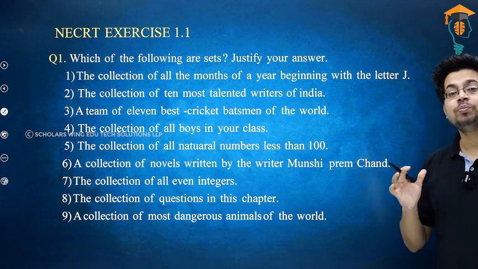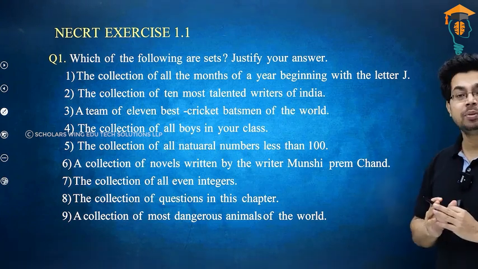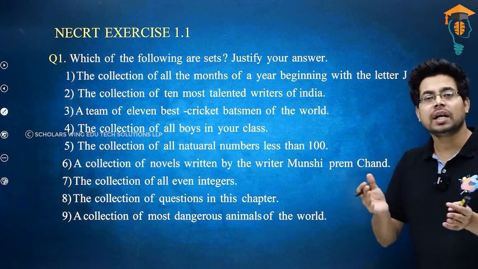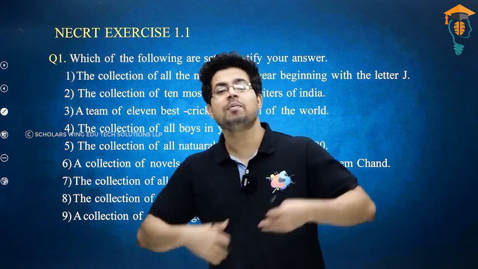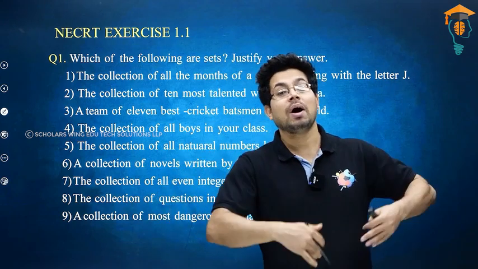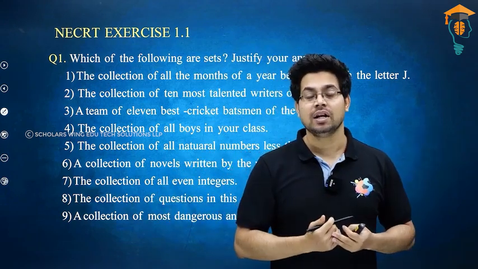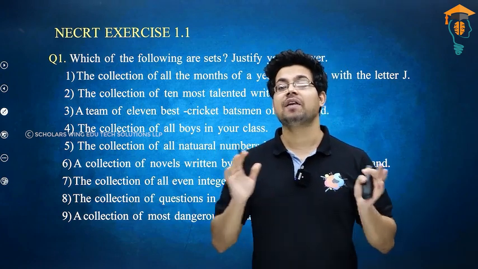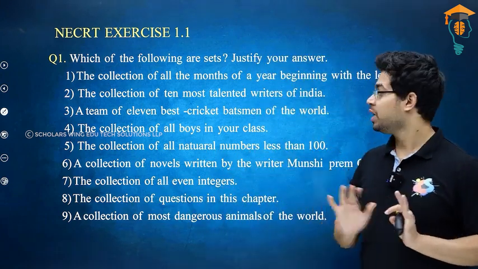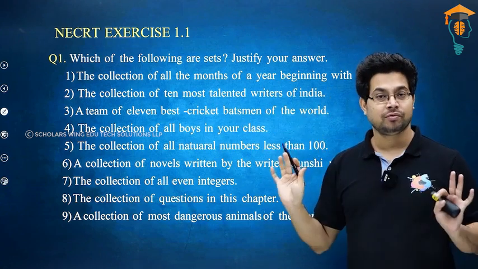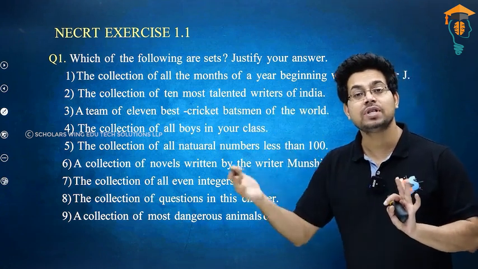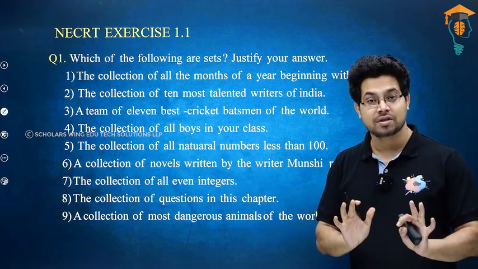So you cannot group them as 10 talented people, because for some person there can be some 10 talented people, and for some other people, he can have some other 10 talented writers, right? So we cannot say that they will have some common property. You cannot figure it out. It will vary from person to person. It is not fixed. Fine.